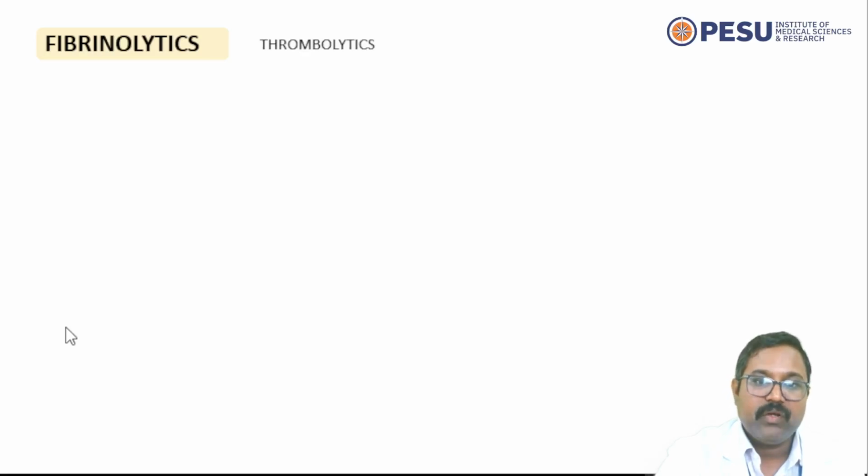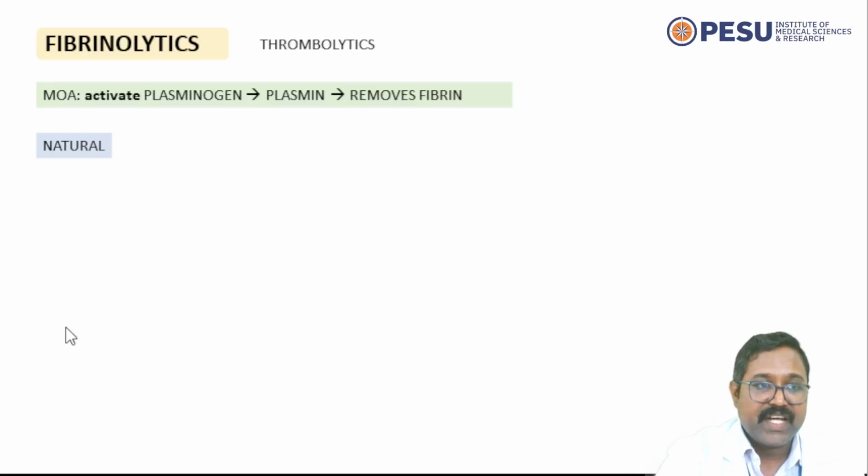So coming to the fibrinolytics, fibrinolytics are also known as thrombolytics. The mechanism of action is basically that the fibrinolytic drugs will activate the plasminogen. Once you activate the plasminogen, it gets converted to plasmin, and plasmin is responsible for the degradation or removal of the fibrin.